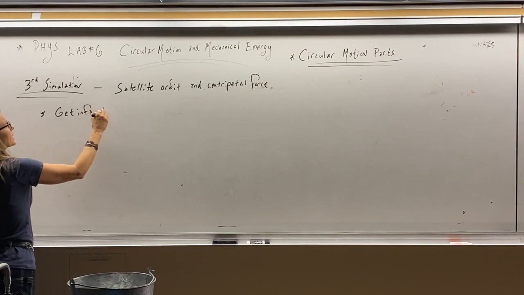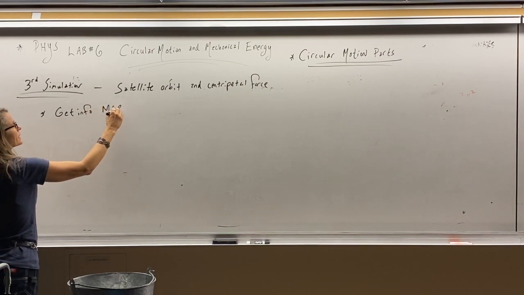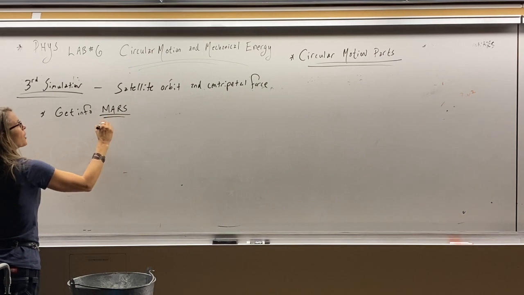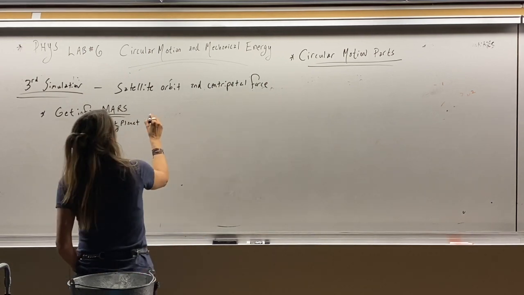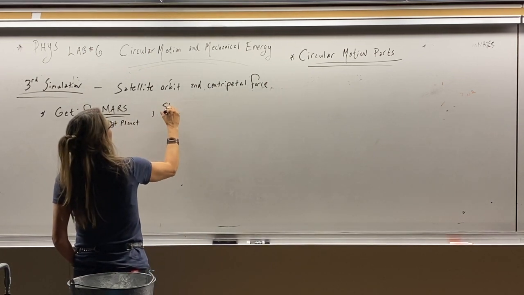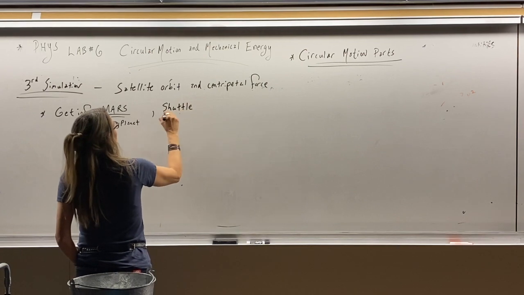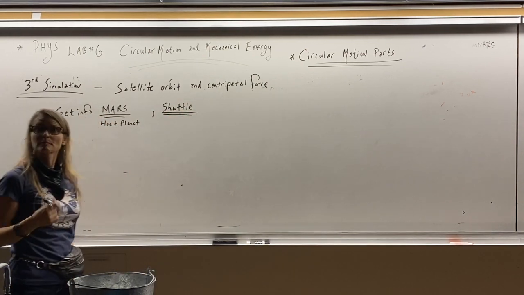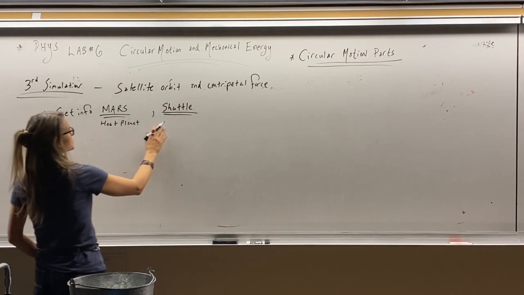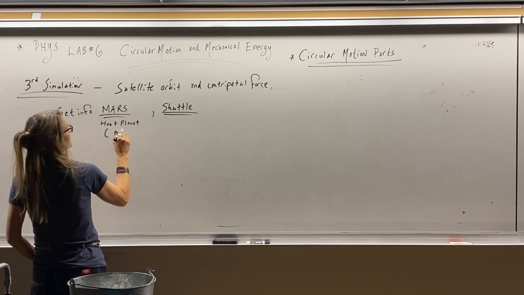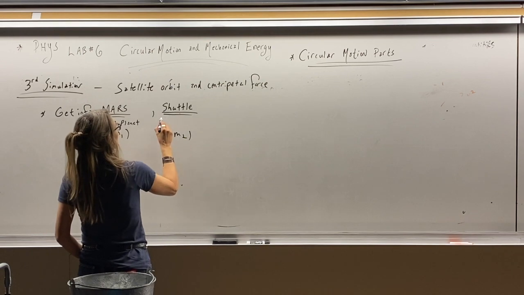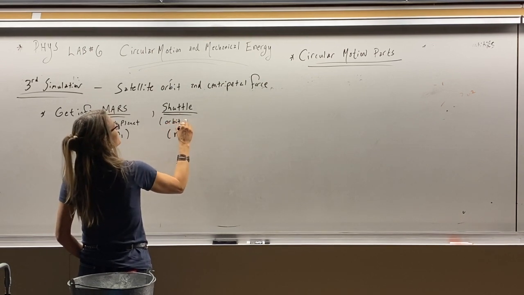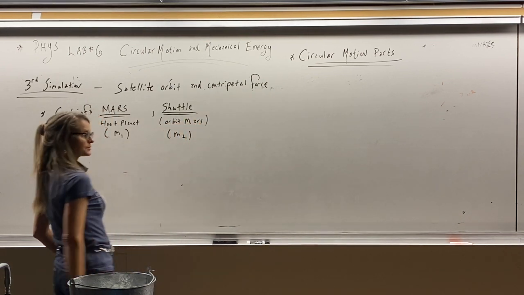So you're going to have for Mars is your planet. This is going to be your host planet or your dominant mass, okay? And you're going to put like a shuttle in orbit around it, or a satellite, but I picked the shuttle in this case. So this would be M1, and this would be M2, your second mass. And this is going to orbit Mars at a certain distance.